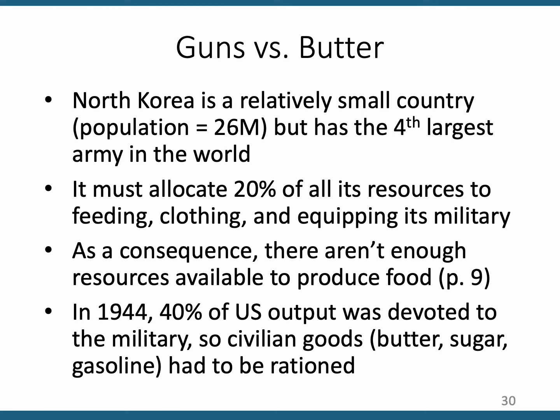You'll see some numbers on the next slide that'll illustrate this even more. 20% of what they produce in their economy is military goods and services. And that is in what you would consider to be more like normal times. They're not at war right now like we were in 1944. So what's the consequences of this? Well, they're not producing as much goods and services, consumer goods and services, as they should, as their population would want them to.